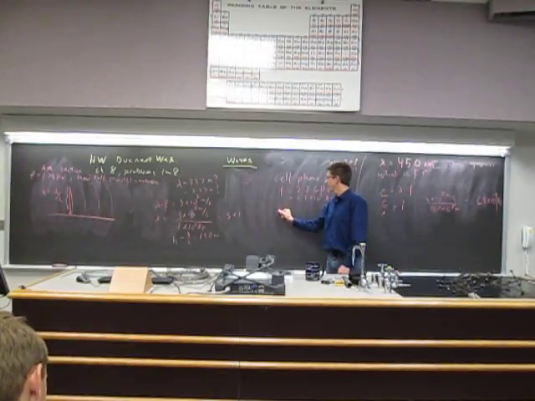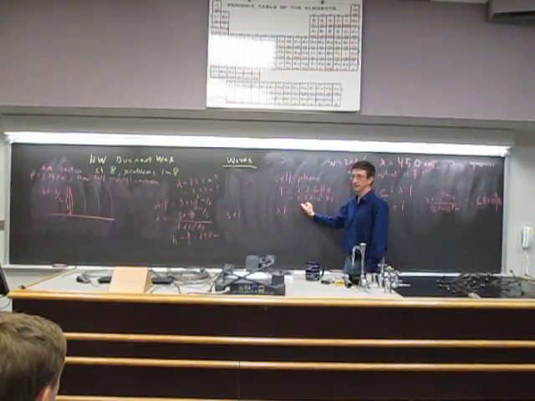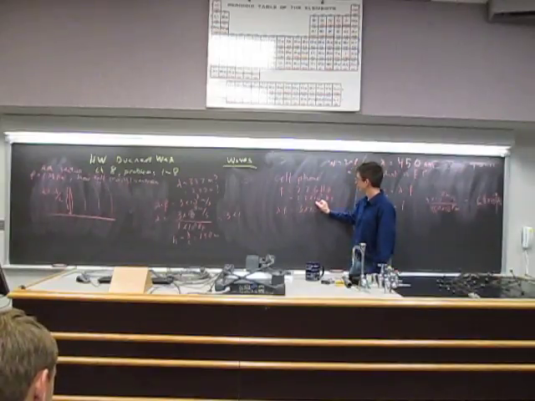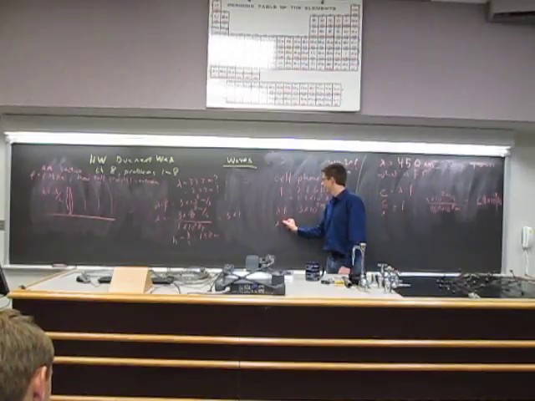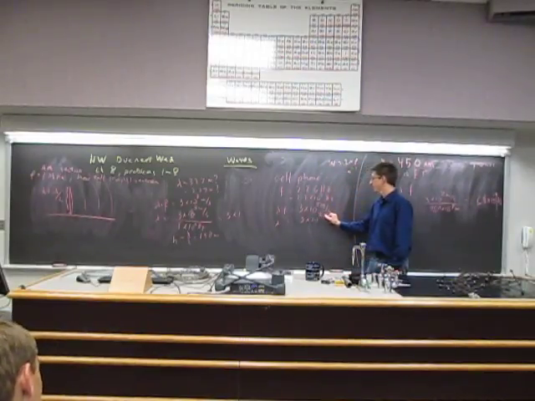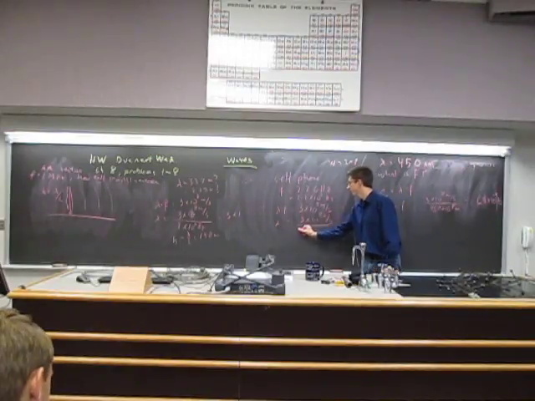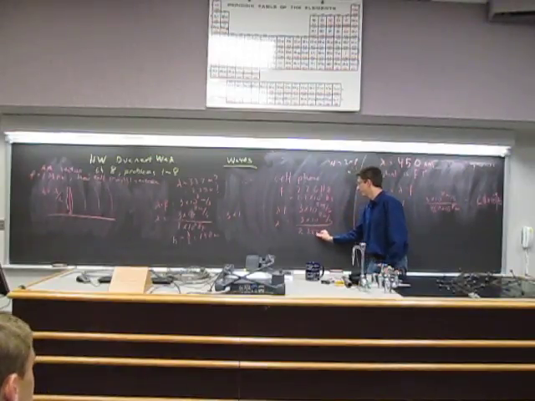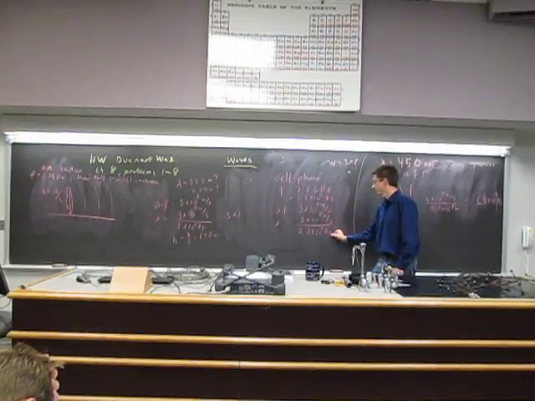So lambda times F, still C. So the wavelength of such a signal will be 3 times 10 to the 8 meters per second divided by 2.2 times 10 to the 9 hertz.